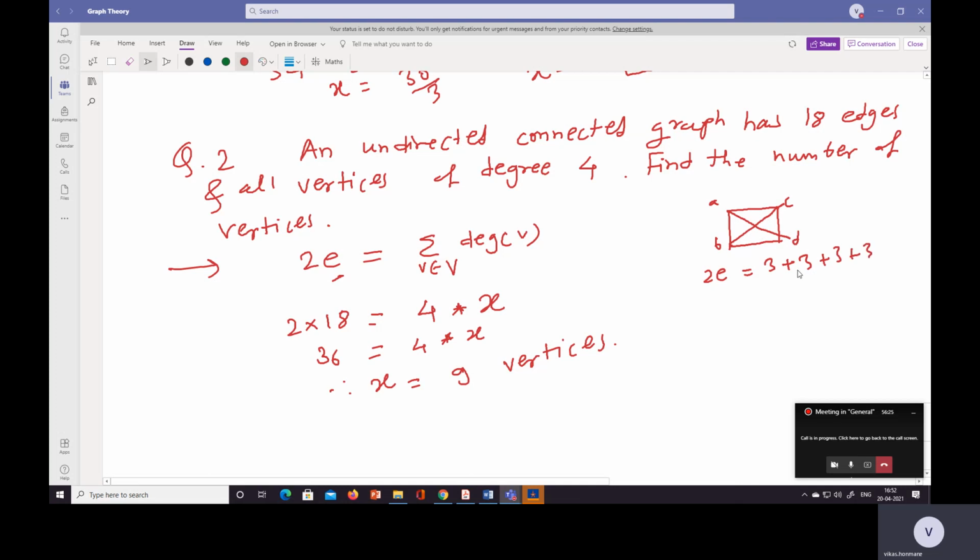That means we have done 3 plus 3 plus 3 plus 3, 4 times. So 4 into 3, or 3 into 4. In the same way, here the degree is 4 for all vertices, which we have assumed to be x.